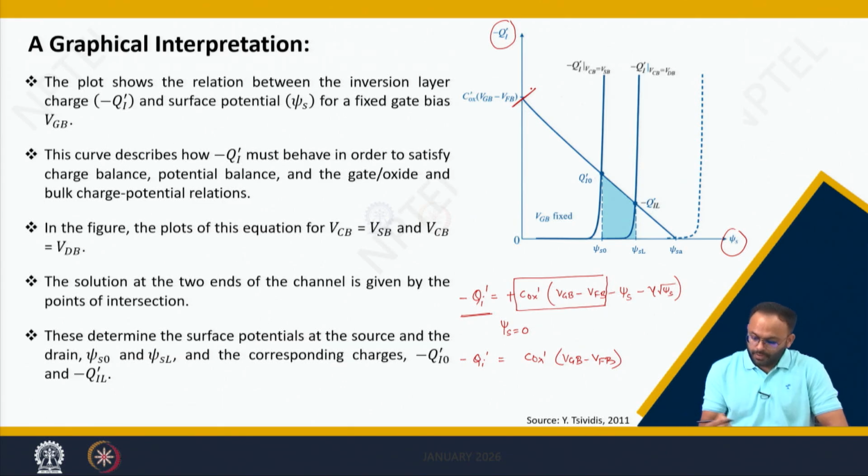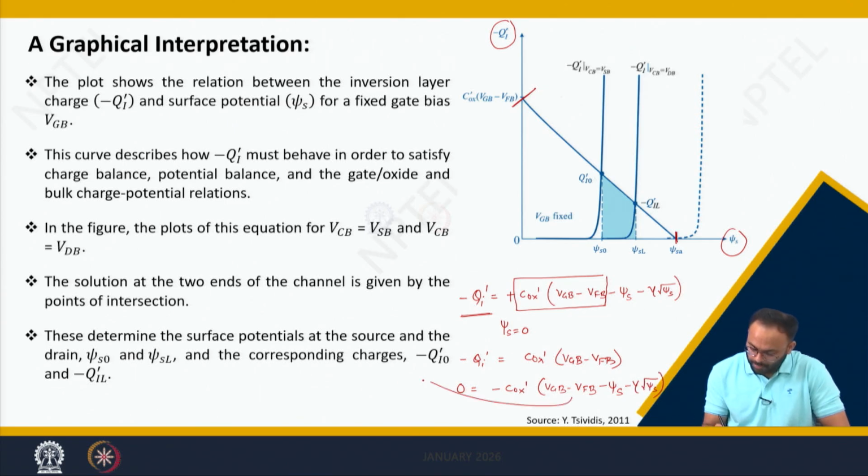Now, what will happen if my Qi dash is 0? So, I will get the maximum limit of the surface potential, which is obtained by keeping this equal to 0, that is, minus Cox dash into VGB minus V flat band voltage minus psi s minus gamma root psi s.